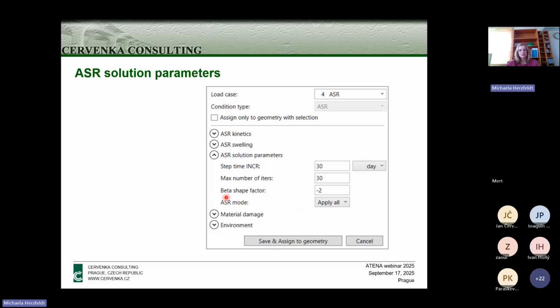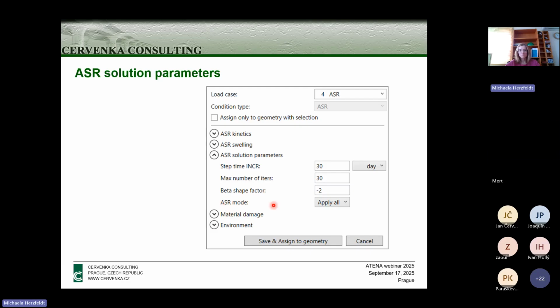And the beta shape factor is something that is taken from literature, connected to compression that can reduce the ASR propagation, for example if the sample that has ASR happening in it is compressed or constrained. It can be limited, and there is this beta shape factor. You can also find a little more information in the theory manual.